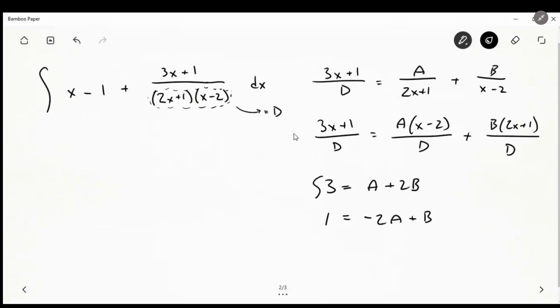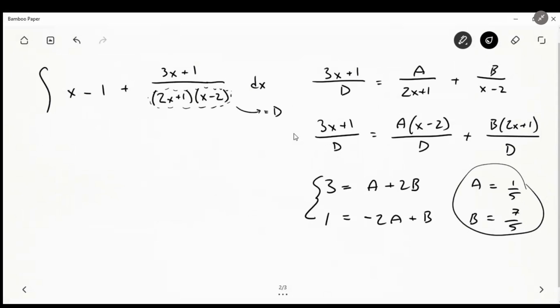So now we have a system of two equations with two variables, so we should be able to solve. And once you do that, I'm just going to skip ahead and say that A equals 1/5 and B equals 7/5.